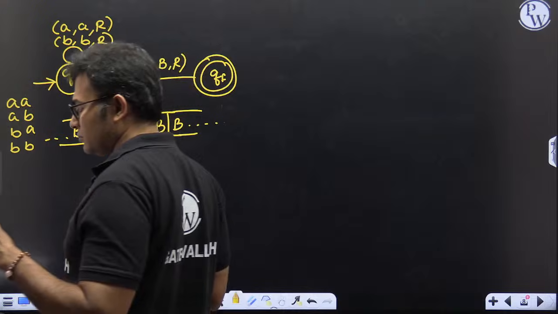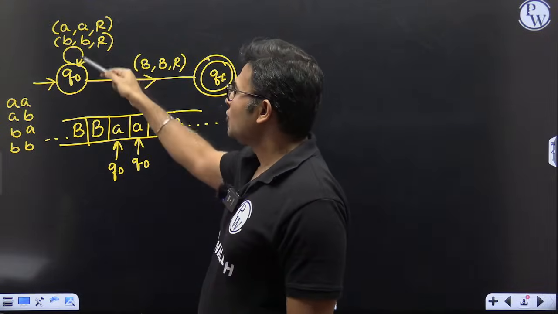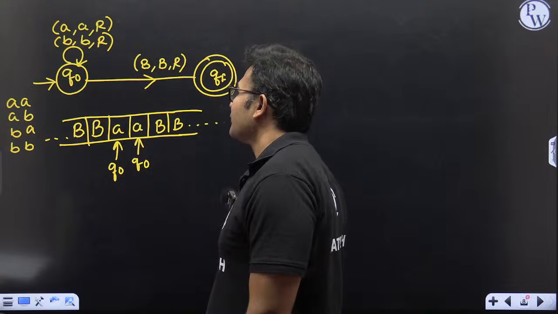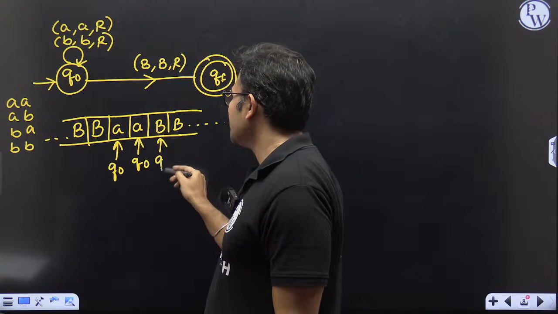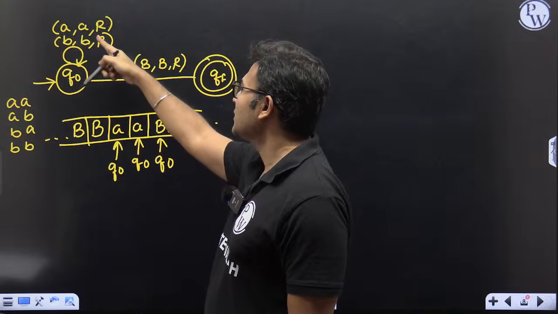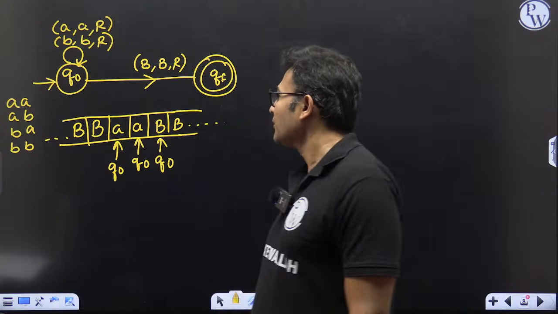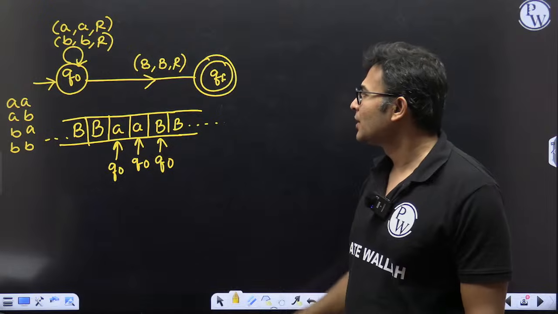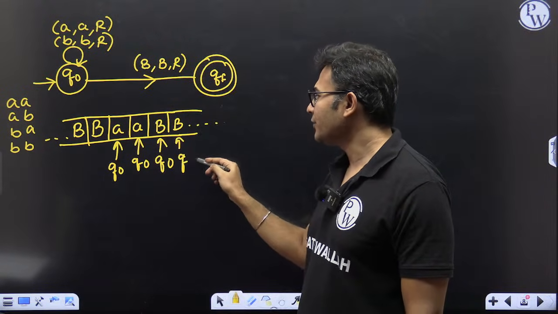Q0 on A. Again, you will be in state Q0 only, but you will move right, leave A as it is, and you are looking at a blank. Now Q0 on blank, it will leave it as blank and move right, and it will enter QF.